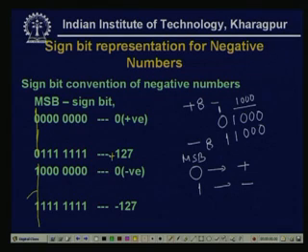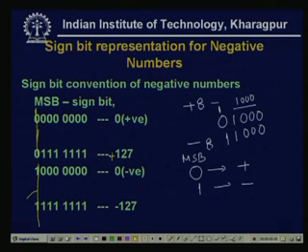This is 1, so this is a negative number. This is 1, so this is a negative number. Now see that 0 means, if it is a 7-bit representation, all bits will be 0 and the MSB is 0, so I am telling this is a positive 0. Again, with 1 and all 0, this is a negative number, as if this is a negative 0.